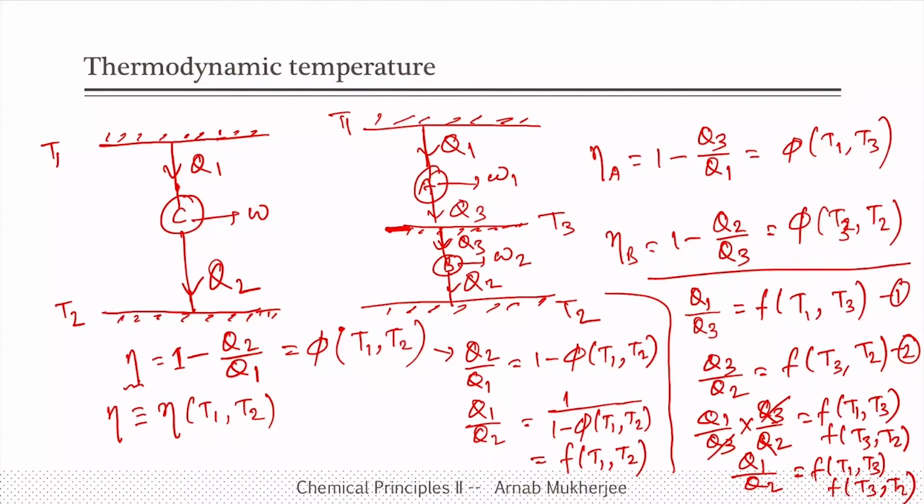Okay. Now, this we get from here, let us call that equation 3, and we already have from this equation 4 Q1 by Q2. Now, 4 and 3 we can equate.